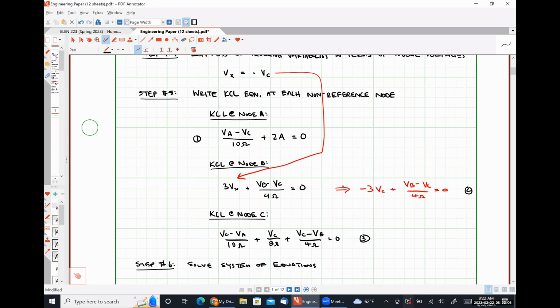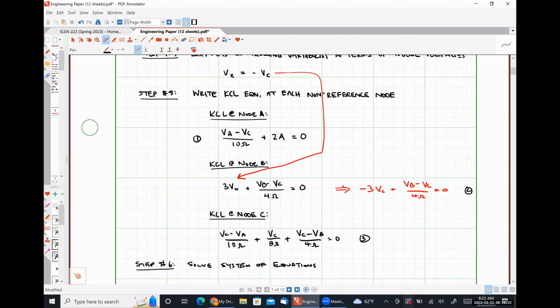Now I'm on to my third equation. My coefficient for VA is negative 1/10. My coefficient for VB is negative 1/4. My coefficient for VC is 1/10 plus 1/8 plus 1/4. And it looks like my constant term is 0.